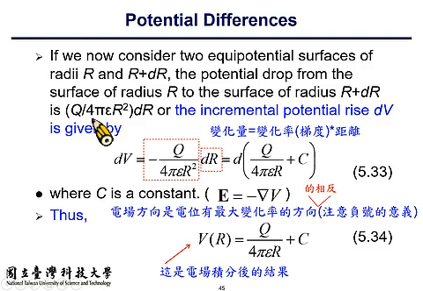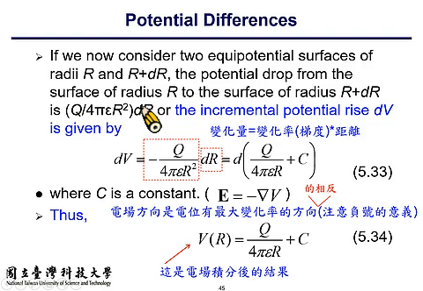So if we now consider two equal potential surfaces, say with radii R and R plus dr, the potential drop from the surface of radius R to the surface of radius R plus dr is Q divided by 4 pi epsilon R squared times the distance dr between the two surfaces.